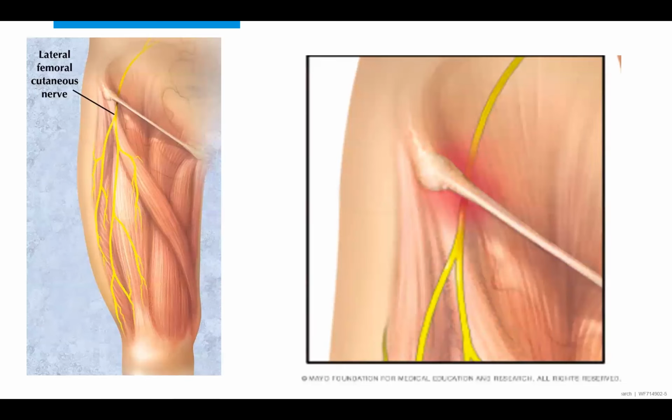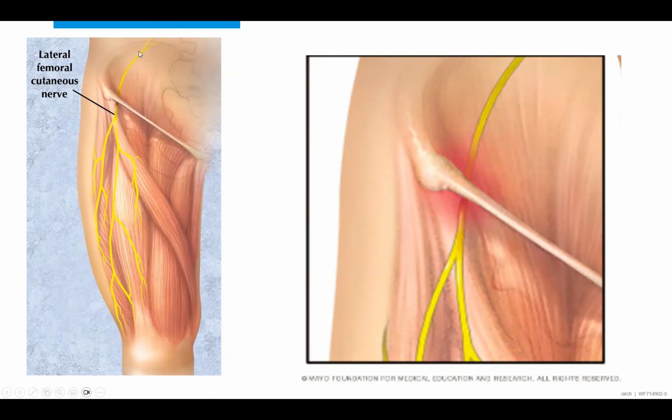So in this patient, the concern and the clinical features were very consistent with impingement or injury to the lateral femoral cutaneous nerve. This is a nice diagram demonstrating the nerve. This nerve comes off of the lumbar plexus. So as I just said, it does not emanate from the femoral nerve itself, which would be in this area.